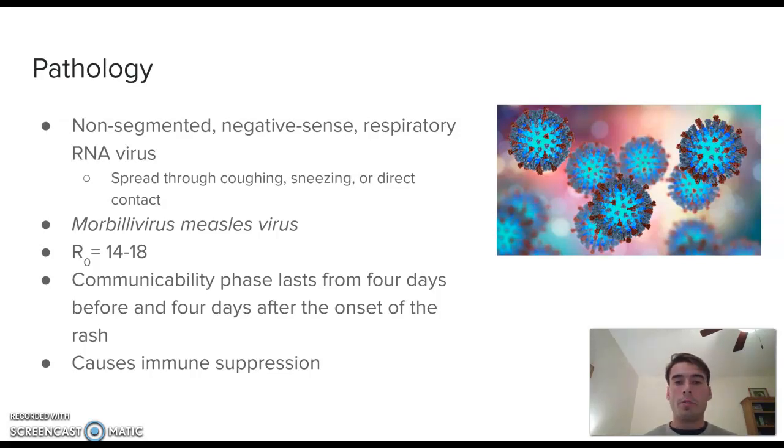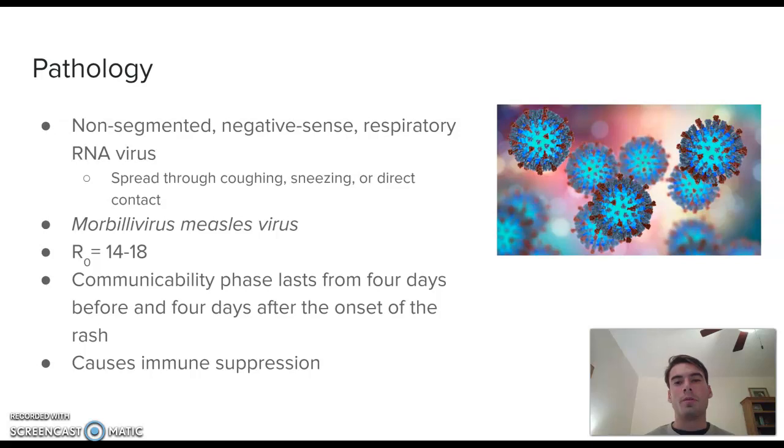Something interesting about immune suppression with the measles virus is that there is a hypothesis about how it causes immune suppression. Some people who are doing studies have a hypothesis that measles will completely wipe your immunological memory. It'll cause something called immune amnesia. What that means is the measles virus will take all the memory cells that you already had from previous diseases that you had, and it will get rid of them completely.